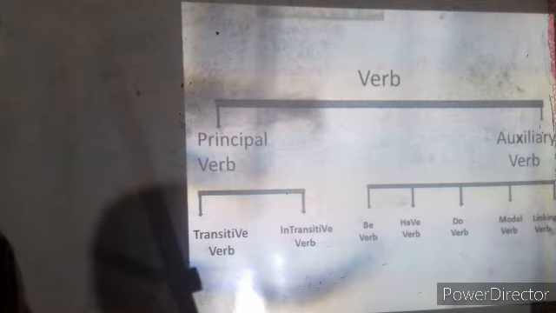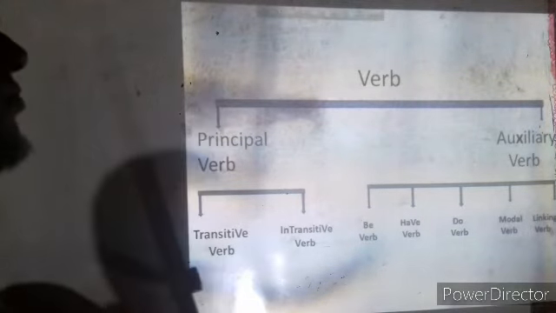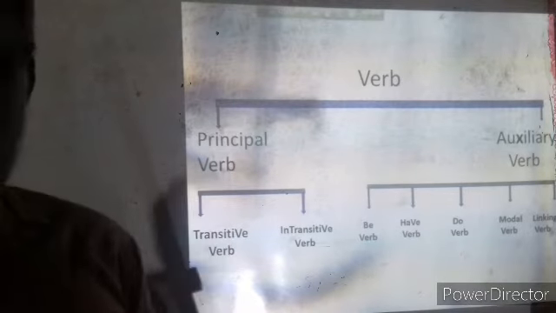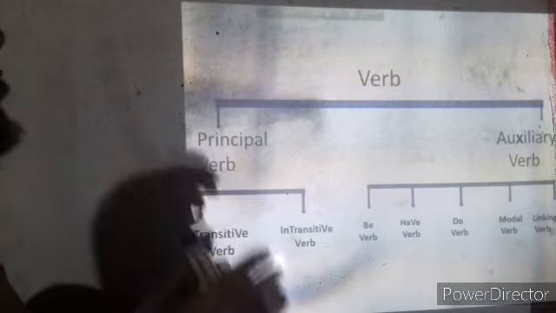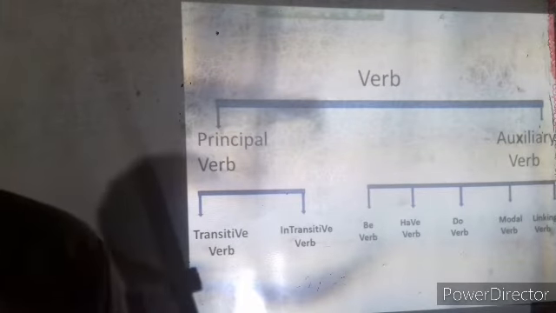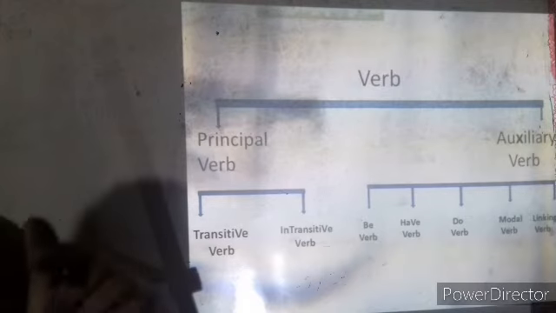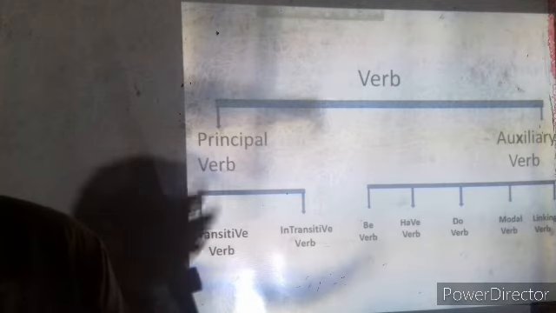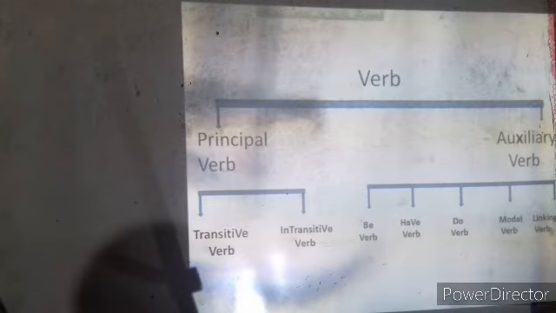I would like to repeat again. Auxiliary verb is called helping verb, and auxiliary verb or helping verb helps the main verb to make or change voice, mood and tense. These are called auxiliary verb.